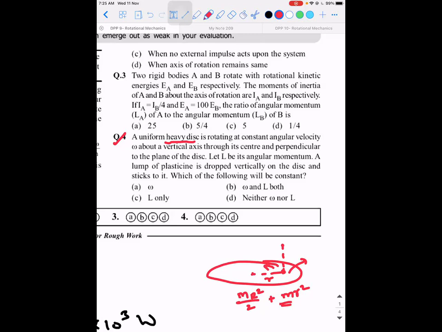But the small object is revolving due to the internal torque that exists, not due to an external torque. We are not applying any force. Since the external torque acting on the system is still zero, we can say that the angular momentum is conserved.